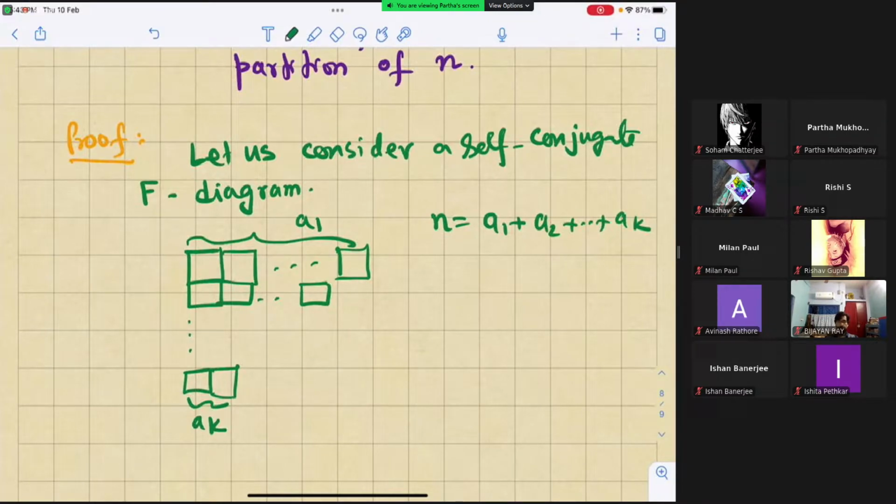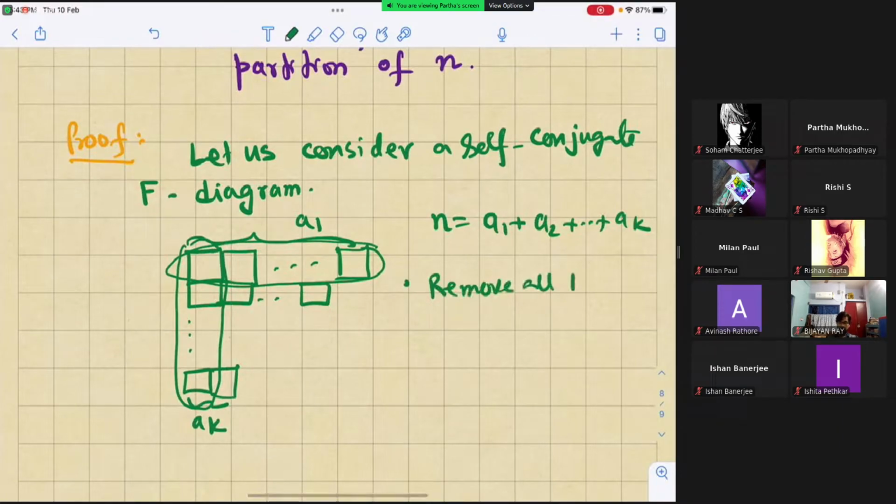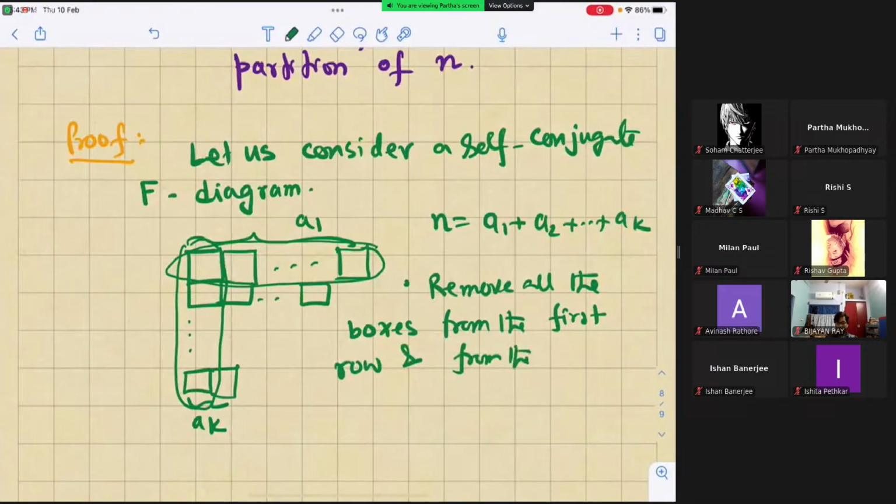So what I'll do, I'll remove all the boxes from the first row and all the boxes from the first column. How many have I removed? 2a1 minus 1. Correct. Their number is 2a1 minus 1.